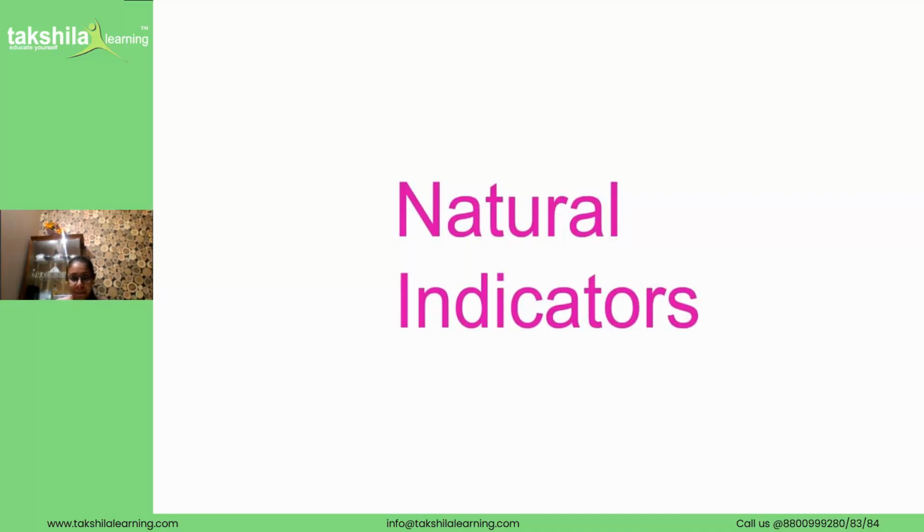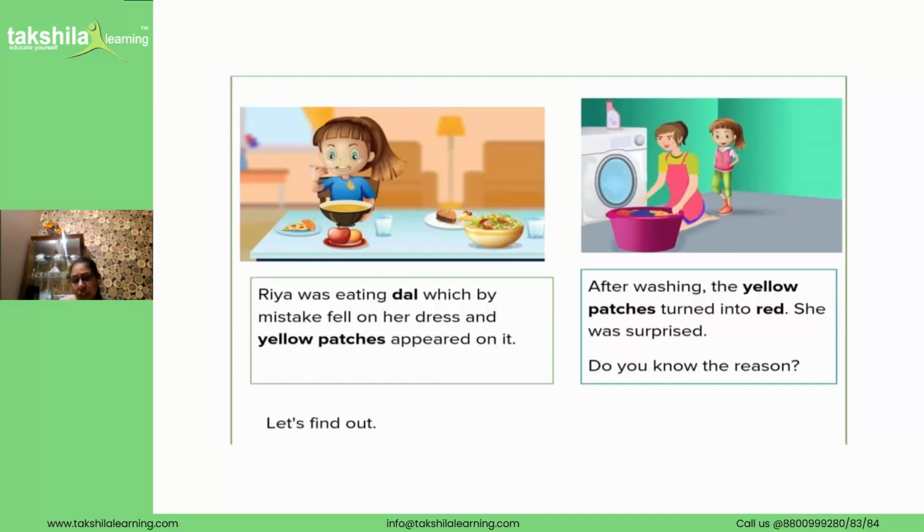So now there is a new friend of ours whose name is Ria, and Ria was eating dal, and it was a yellow dal. So do you eat yellow dal, which your mother makes? And what happens if that dal falls on your dress or on your t-shirt?